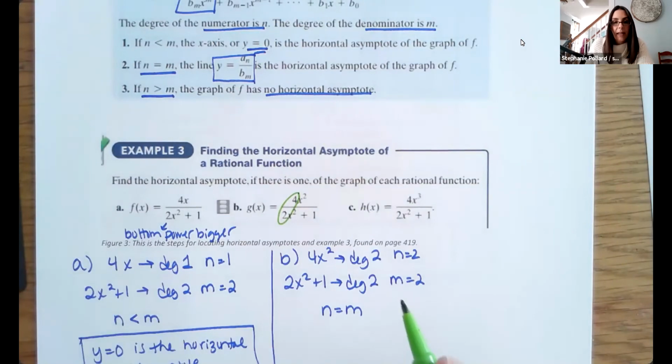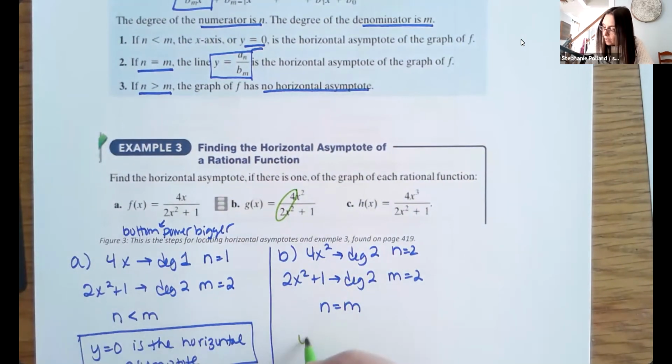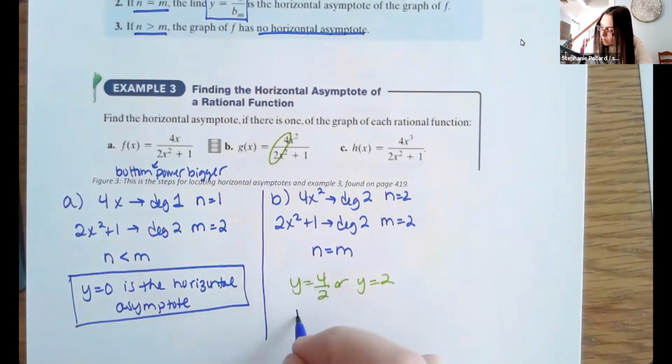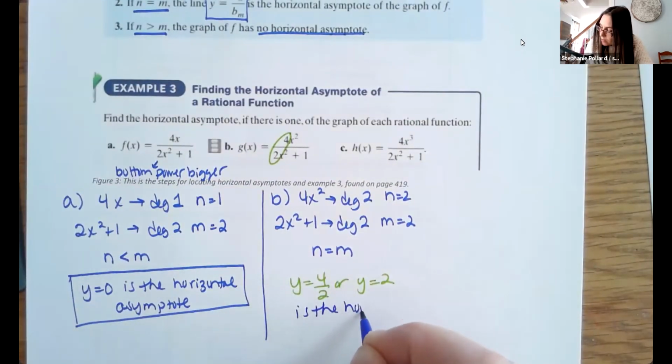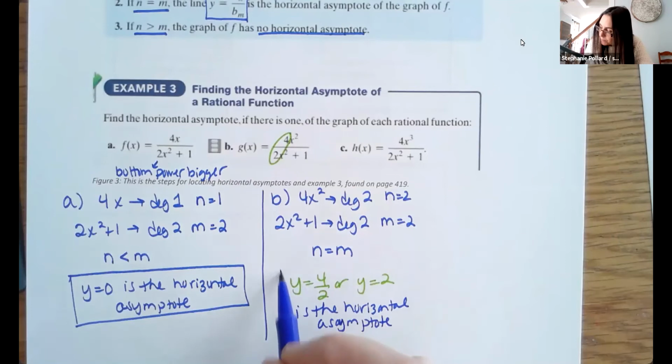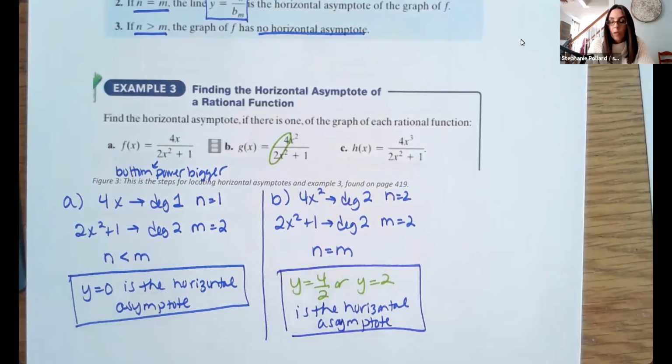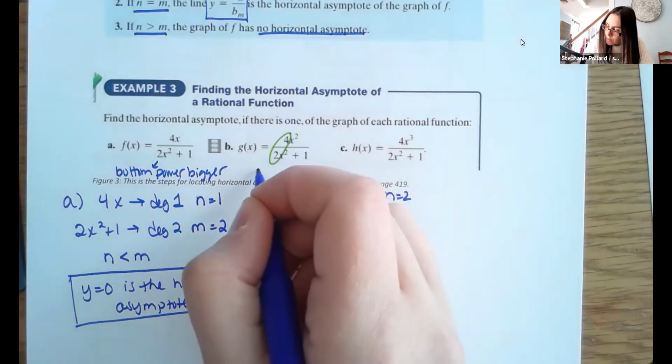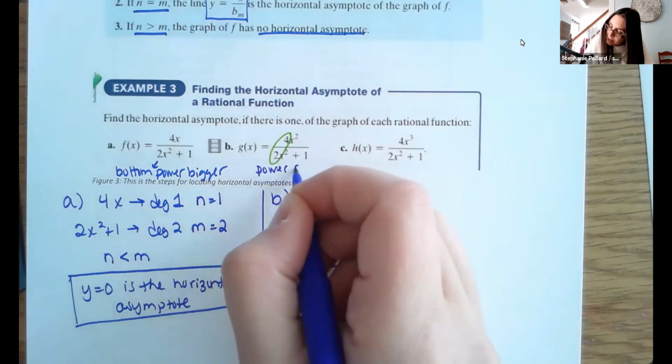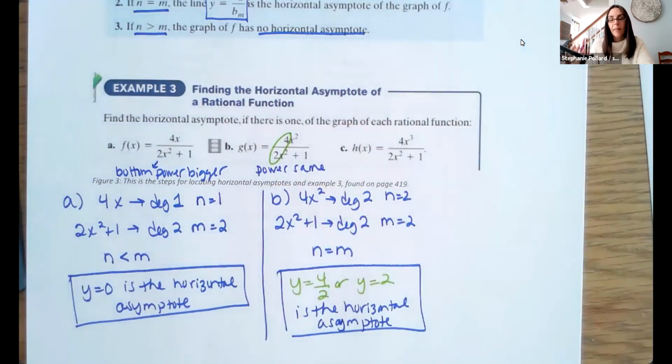So y equals 4 over 2, or just y equals 2, right? 4 divided by 2 is 2. That is the horizontal asymptote. In this case, notice that my powers are basically the same on the top and the bottom, the leading power, that highest degree.